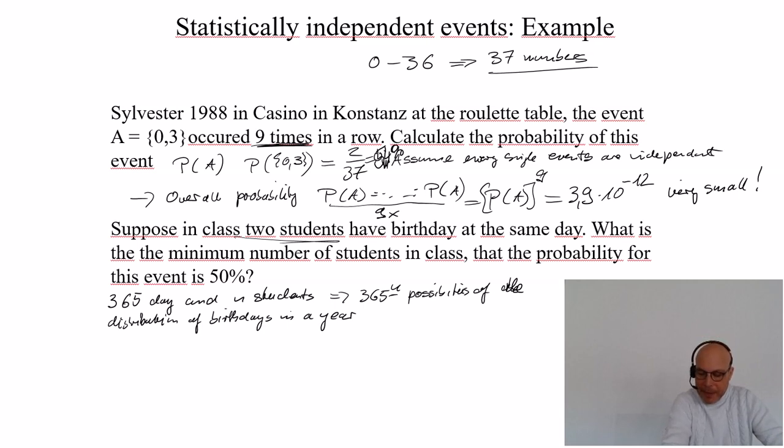Well, then we can think of the first one maybe having his birthday on the 1st of January. Then, if the second guy enters, not having his birthday on the same day, there are only 364 possibilities left.